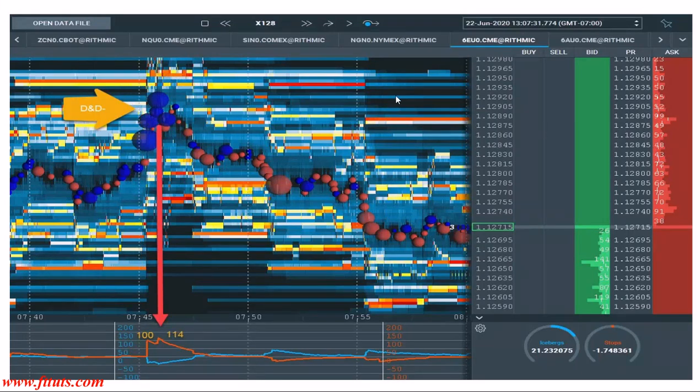And then you want to see the red bubbles start to come in here or here. So you could either have got in here or waited a little bit and started to see these come in again. You enter here and your stop goes above where the stop run went off, and then you catch obviously a very, very nice move down.